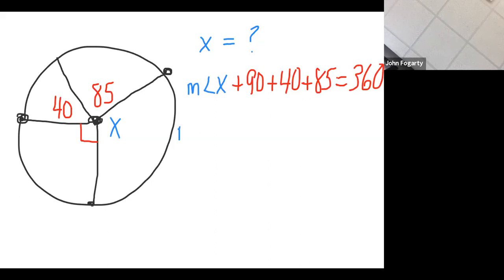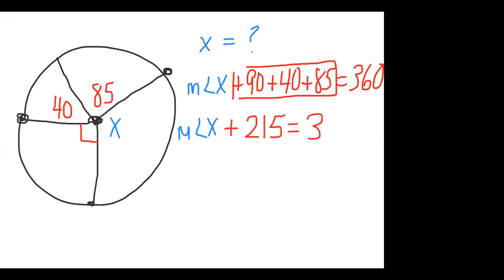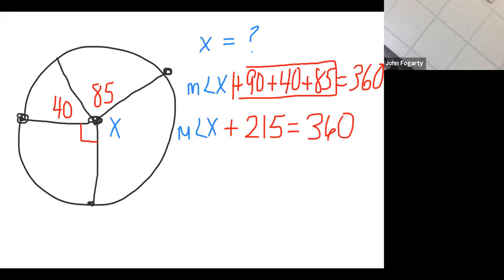So the measure of angle x, now, if I combine all my like terms, 90 plus 40 plus 85, that gives me what? 215, I believe, right? Is that right? Yeah. All righty. Now, get x by itself.